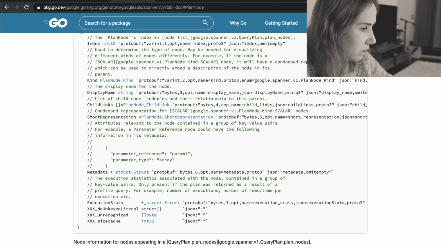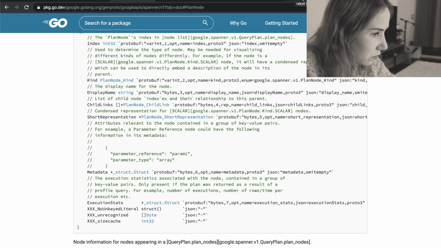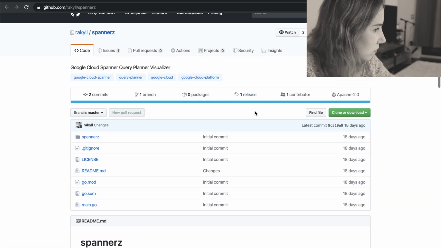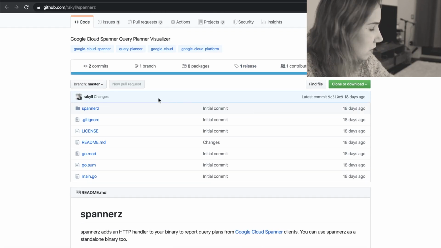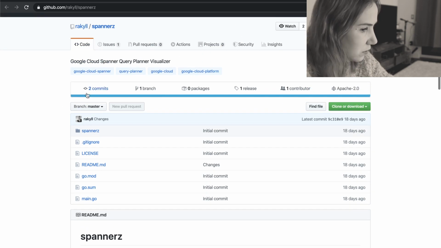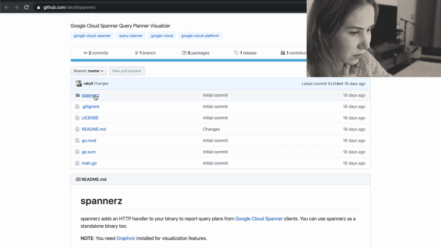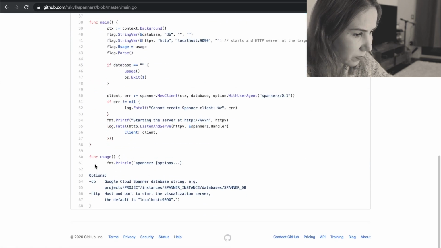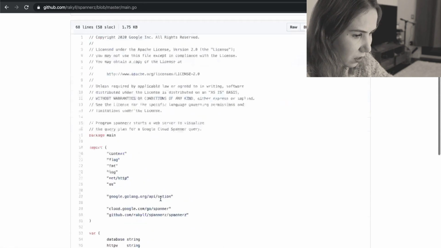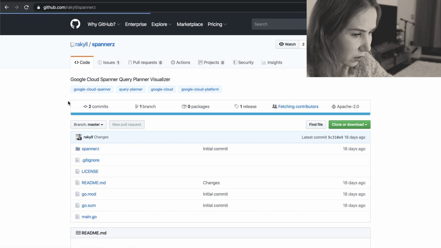I built a simple example reference to consume that plan. Spanner Z is the visualizer that I wrote a week ago, and what it does is consume this API. I can show it maybe very briefly. It's somewhere here.